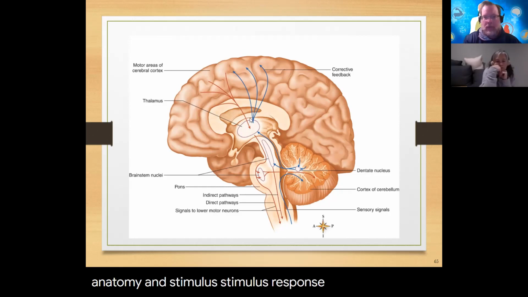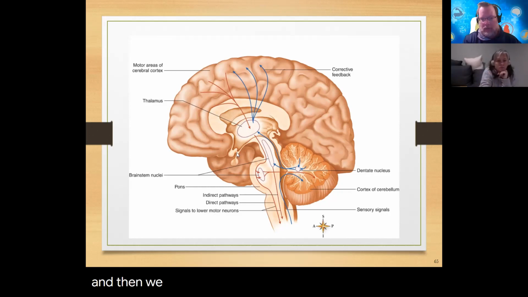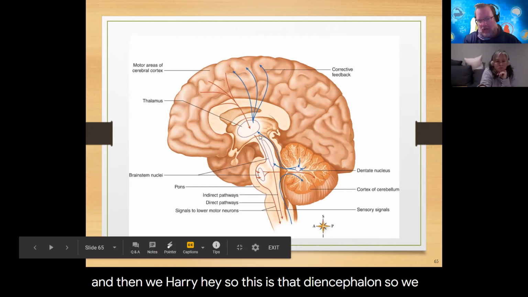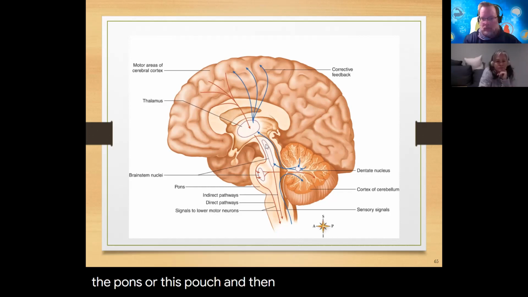stimulus response stuff. All right, well, while we're here, this is again the thalamus, the thalamic area, and then we see the hypothalamus and the pituitary. Okay, so this is that diencephalon. So we started off with the brain stem, right? We did the medulla, and then the pons, and then the midbrain.